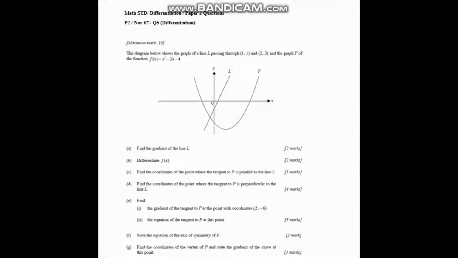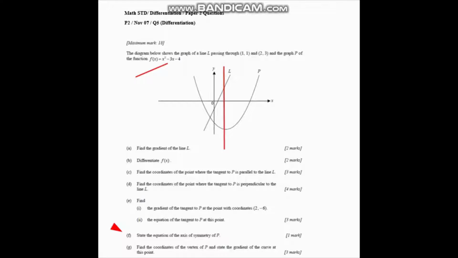So in F, I'm required to state the equation of the axis of symmetry of P, and from your knowledge of quadratics, you should know that the axis of symmetry of a quadratic function splits it into two symmetrical halves, the reflection of one another, and there are two ways to get the equation of this line. A way that you've studied under the topic of quadratics, which is x equals negative b over 2a.